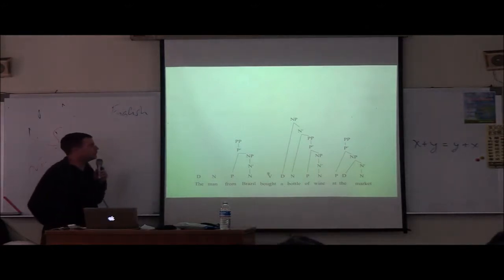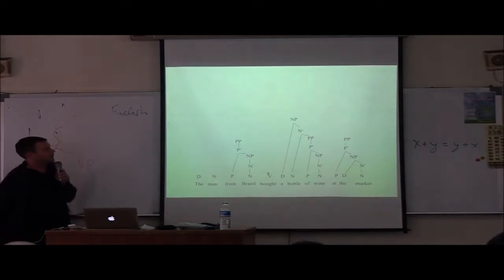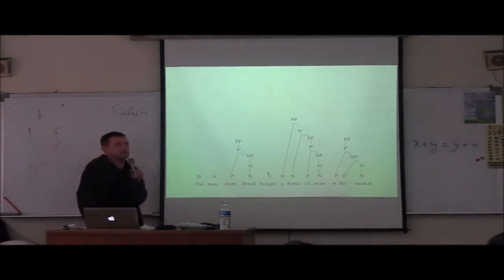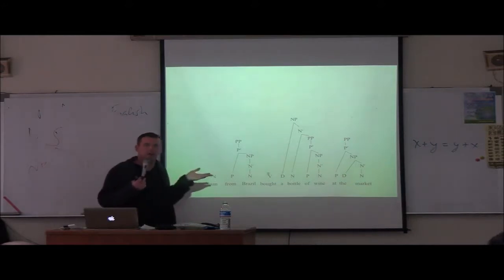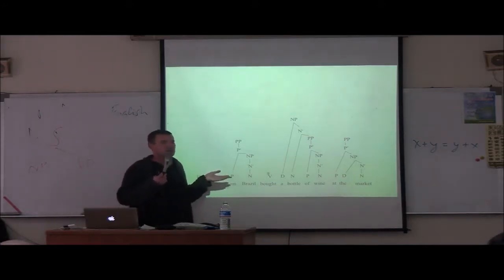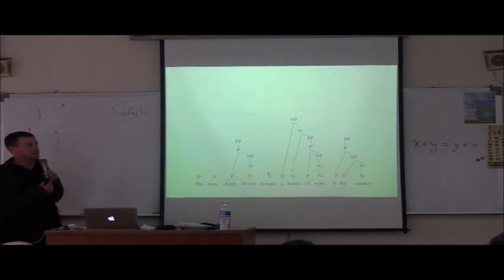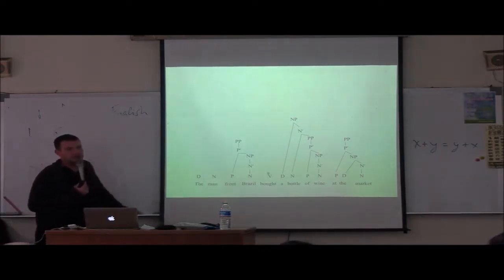Okay. Man from Brazil. Okay, from Brazil modifies man, that much you know. Is from Brazil an adjunct or a complement? We just had students from Canada, right? So man from Brazil is going to be pretty much the same thing. Man with a mustache from Brazil, man in my class from Brazil, and so on.